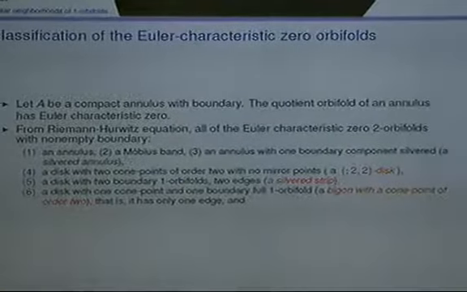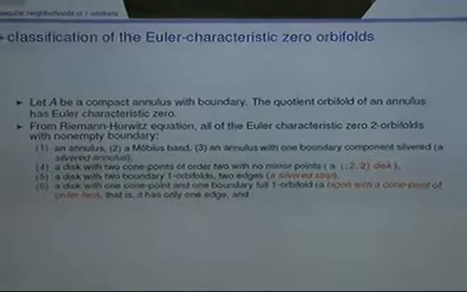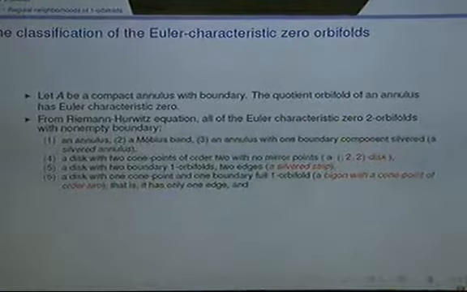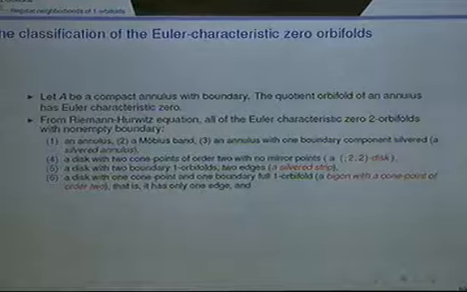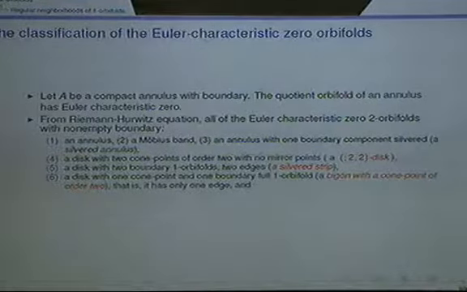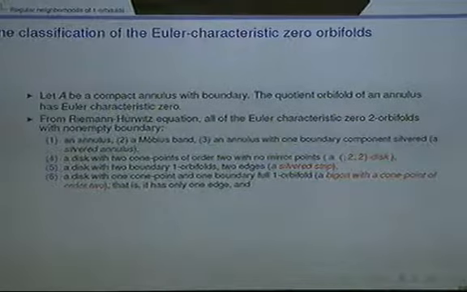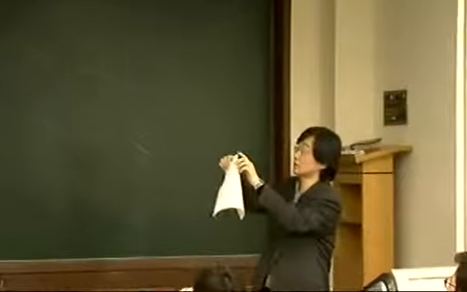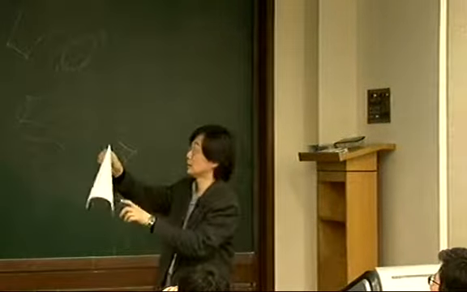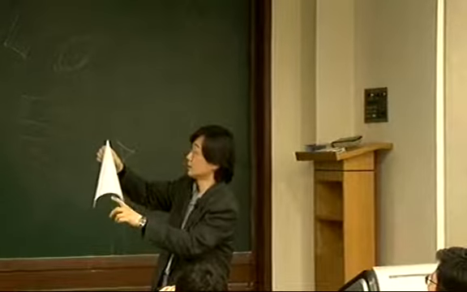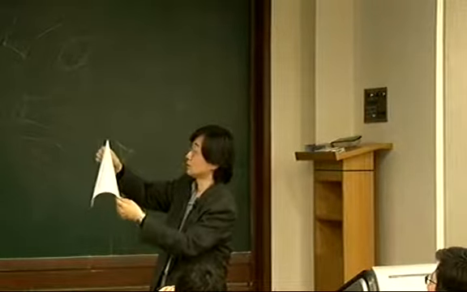And then there's a disk with one cone point and one full boundary component. So you just take some sheet and then you glue this thing together like this, on one side. So there will be one cone point here, and then one boundary full orbifold inside.